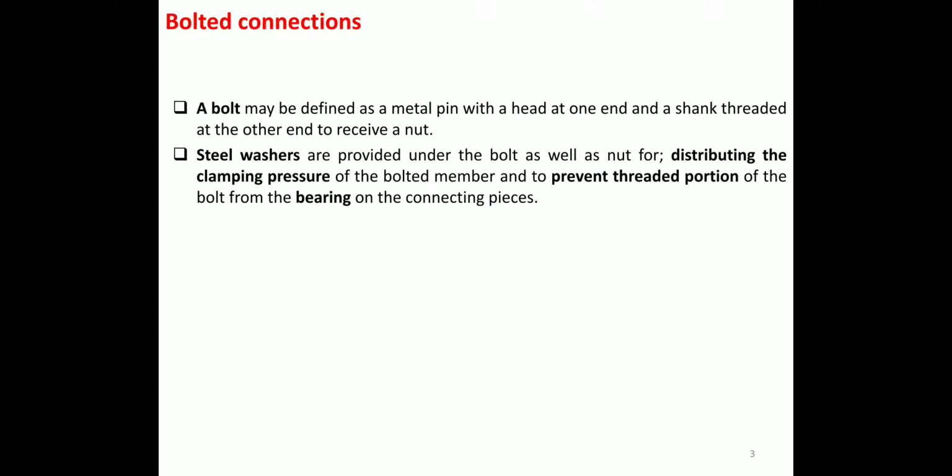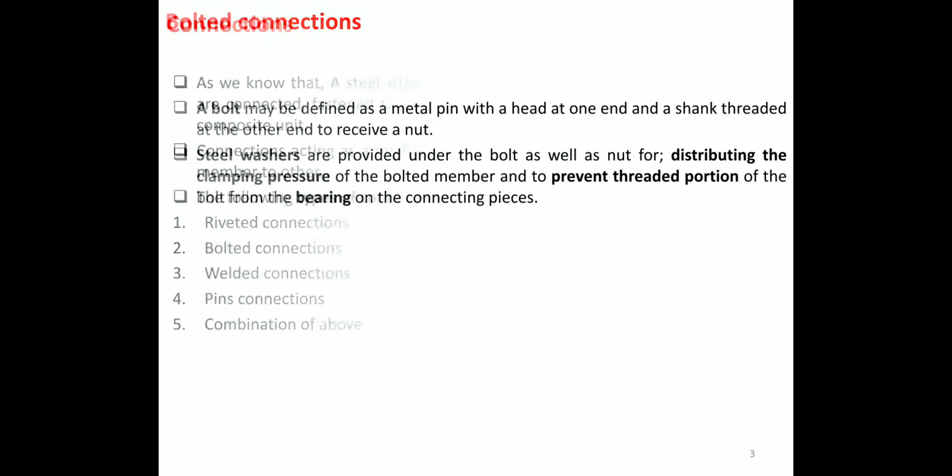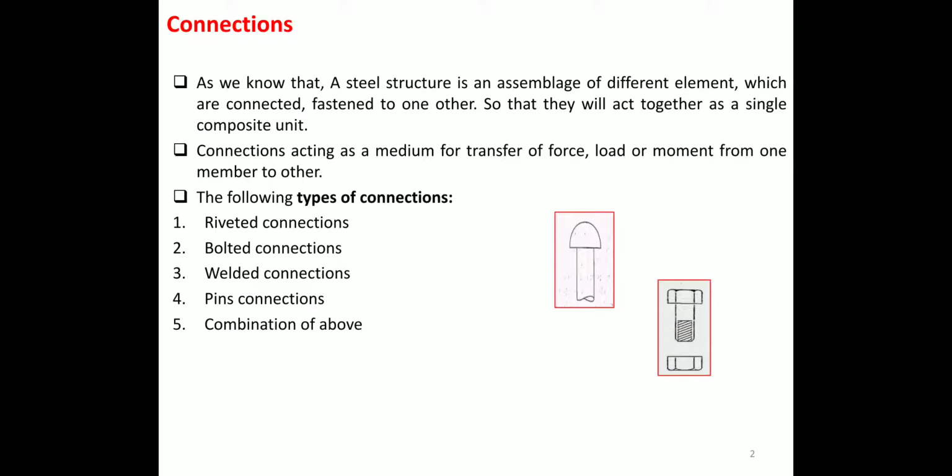A bolted connection can be defined as a metal pin with a head at one end and a shank threaded at the other end to receive a nut. If you go through the previous slide, in this figure, this is the hexagonal cross section of the bolt, where this is the plain section, and the hatched portion denotes the threaded section.